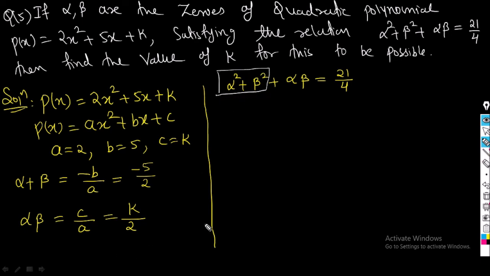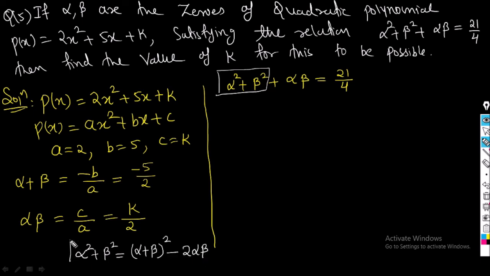I write here, alpha square plus beta square is equal to alpha plus beta whole square minus 2 alpha beta.